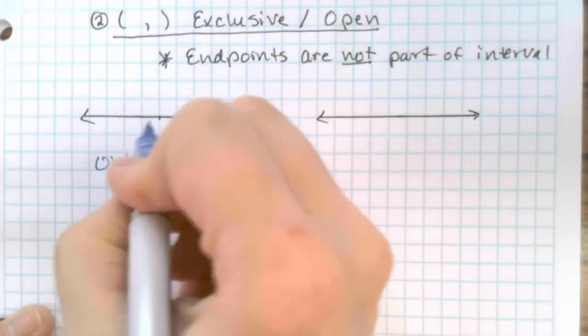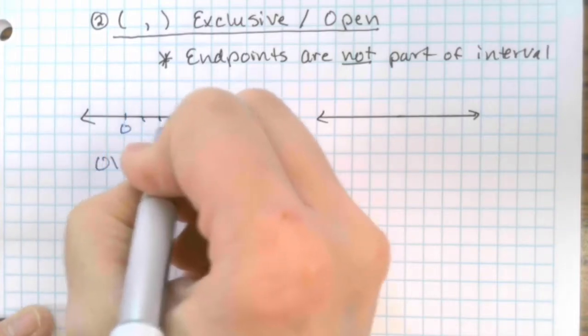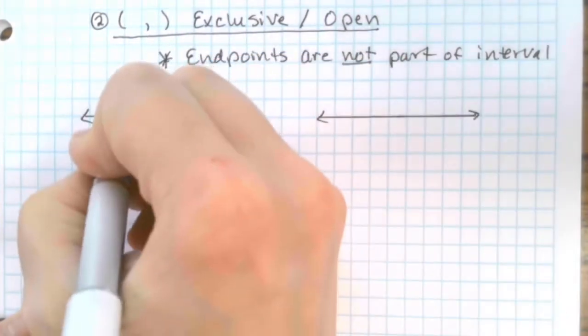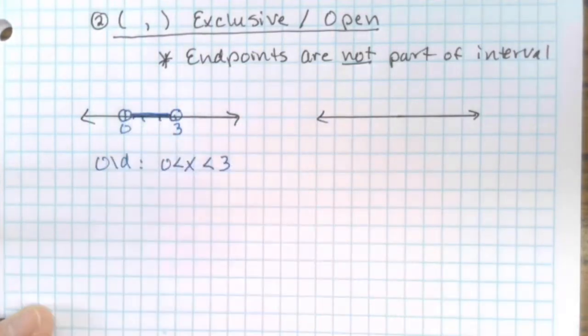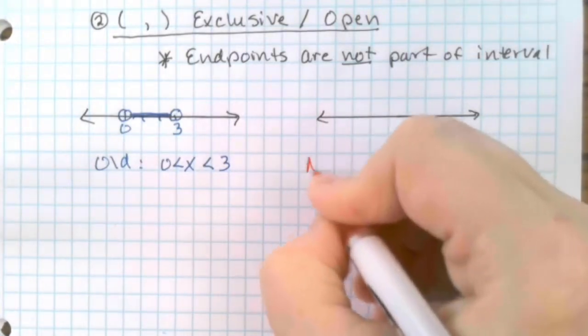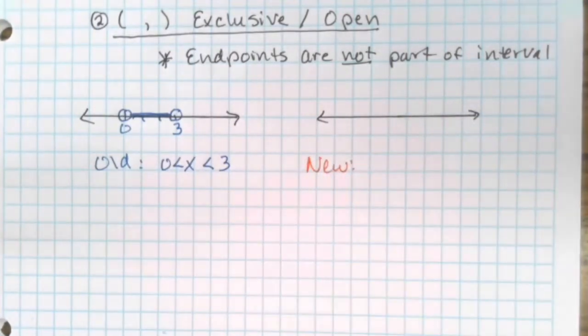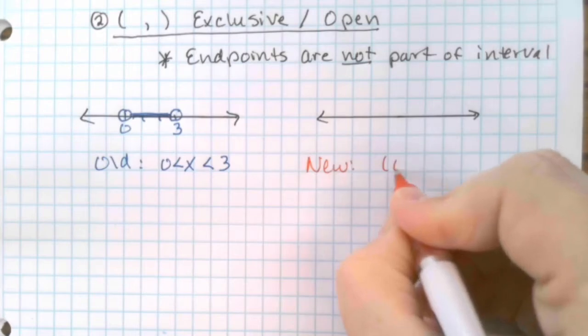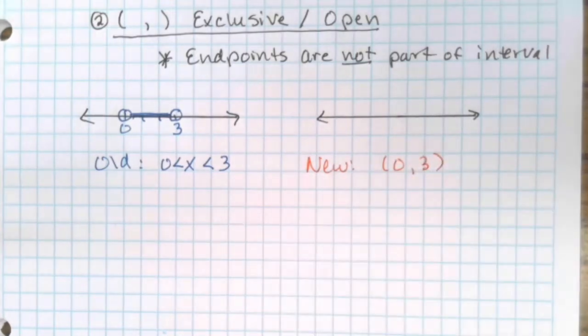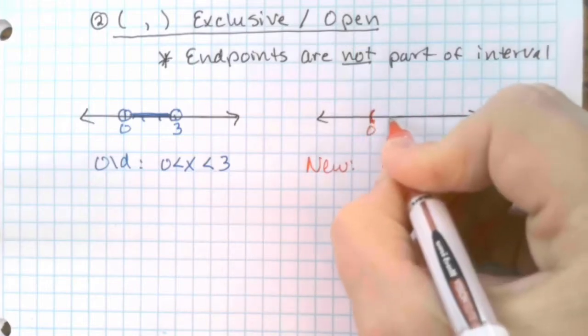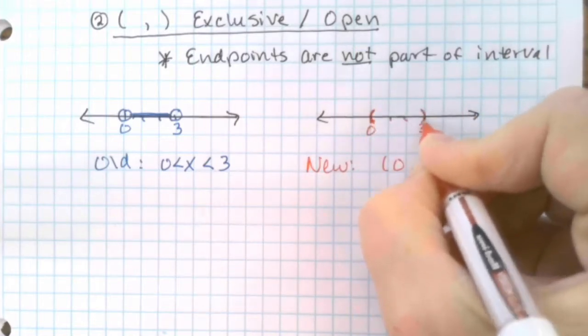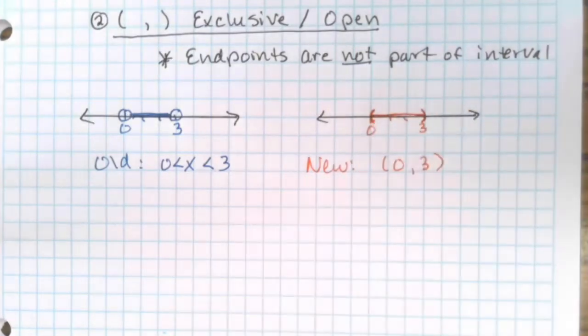And on the graph, 0, 1, 2, 3, we would have an open point on the 0, an open point on the 3, and a segment in between. In the new notation, the same interval would be written (0, 3) with parentheses around it, and we would have a parenthesis on the 0, a parenthesis on the 3, and a line connecting them in the middle.